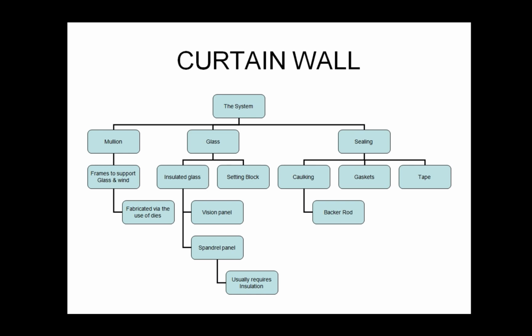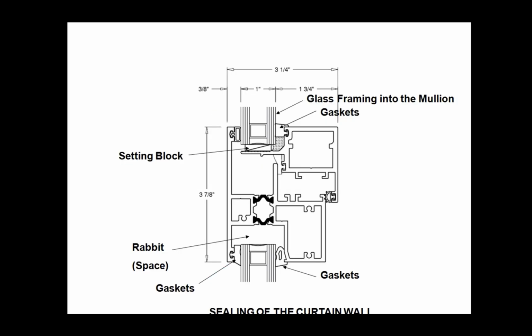And then there are different ways to try to seal out the elements during your installation, including caulking, prefabricated and installed gaskets on each section of the curtain wall, and taping. So those are the typical elements. Okay, so here you see a cross-section of what a typical ceiling of a curtain wall looks like.